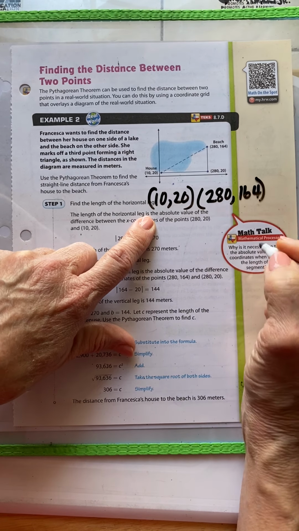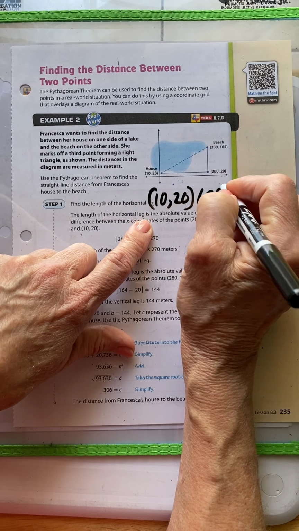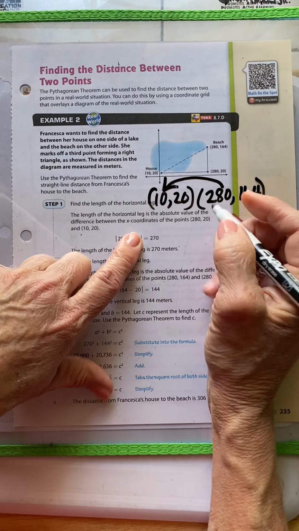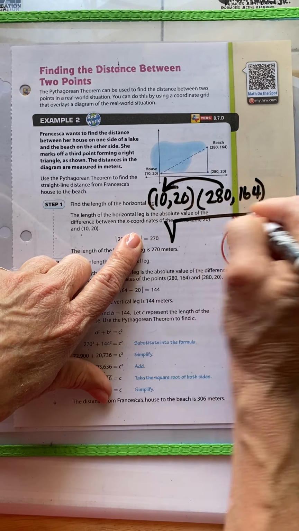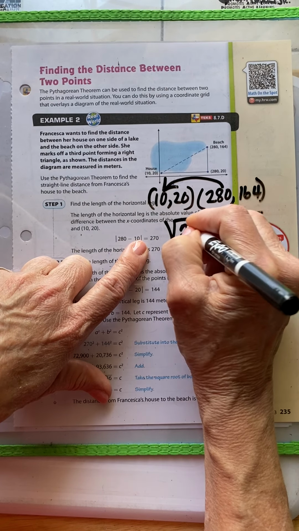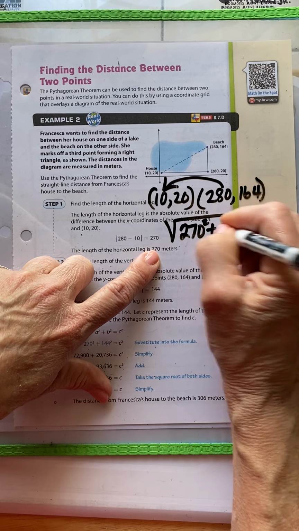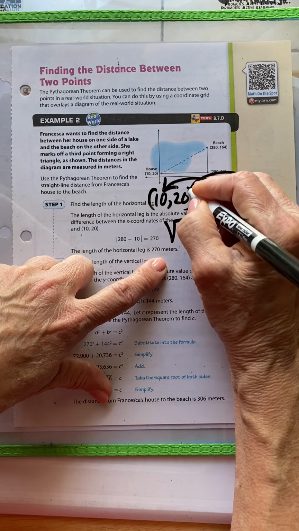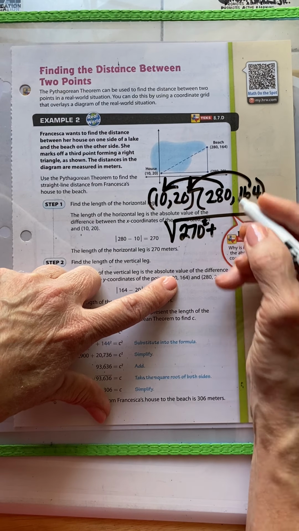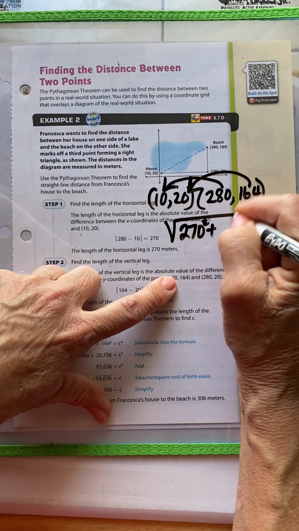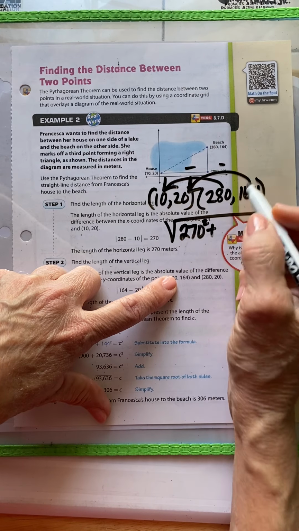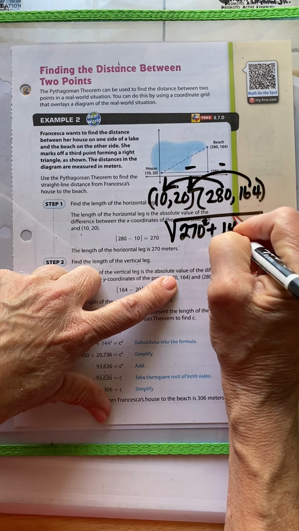So again, you do your x's first. 280 minus 10, so we're going to do the square root of 270 squared plus 164 minus 20. That would be 164 minus 20 is 144 squared.